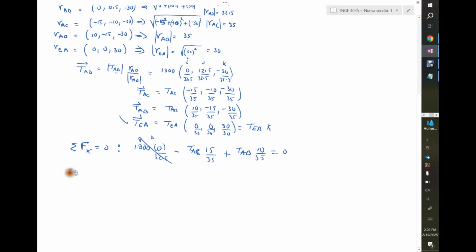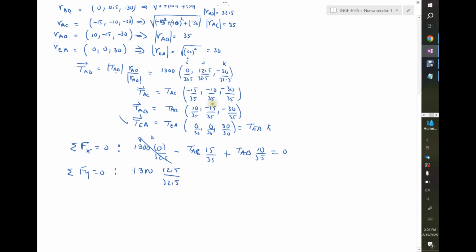How about the balance on Y equals 0? Let's see, that's everything that is on the J position. All right, and that would be where the 1300 starts to make sense now. So it's gonna be 1300 times 12.5 divided in this case by 32.5.